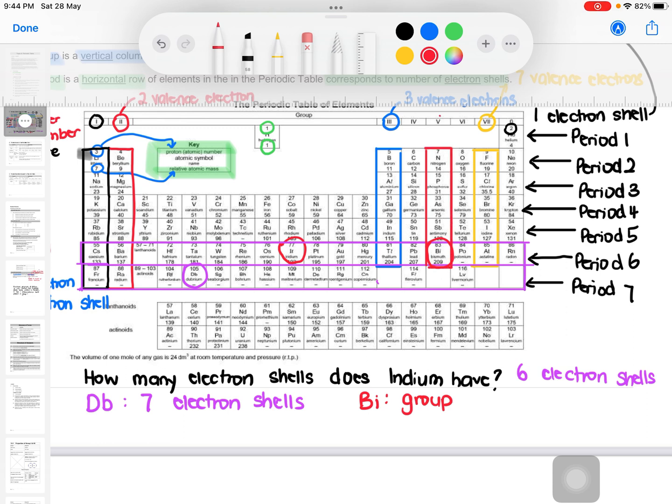So the group is 5. Group 5, so the inference is it has 5 valence electrons. Okay, so which period? Period 6, right? Because bismuth is here, so it's period 6. So 6 means I have 6 electron shells.